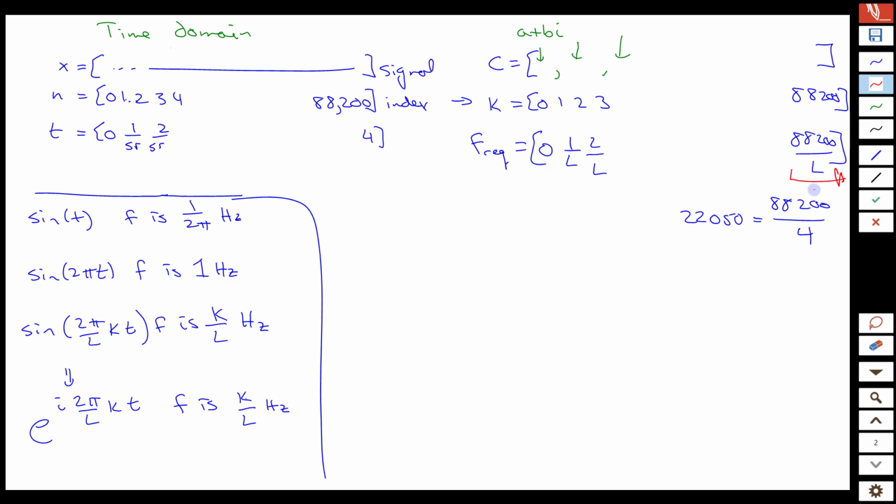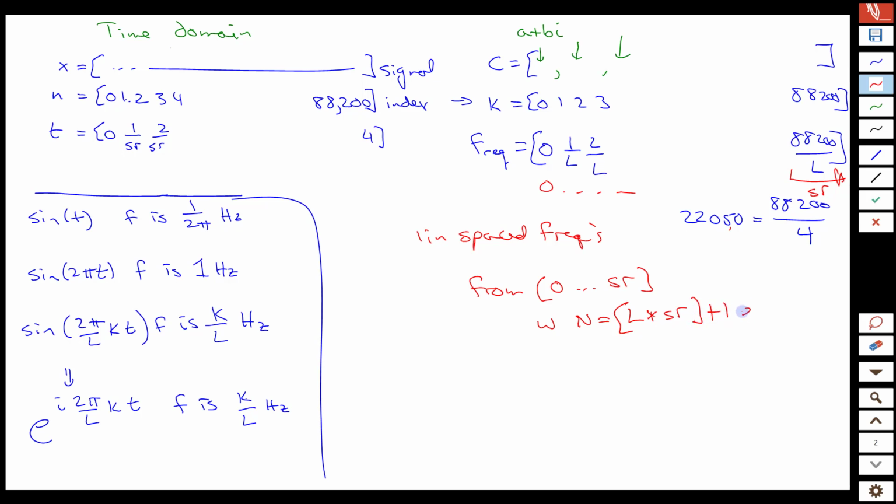So this last value is our sampling rate, and so we have a sequence of linearly spaced frequencies from 0 up to the sampling rate, with n equal to L times the sampling rate. The 88,000 came from sampling rate times 4 plus 1 elements.